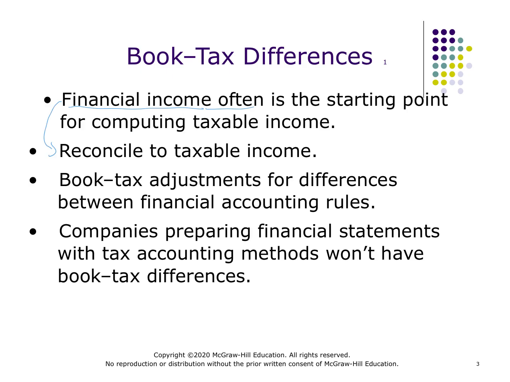These book tax adjustments simply get us from financial accounting treatment to tax treatment, which is oftentimes very different. Now, it is important to realize that if you have a company that's preparing their financial statements with tax accounting methods, as some small companies do, then you don't have book tax differences.